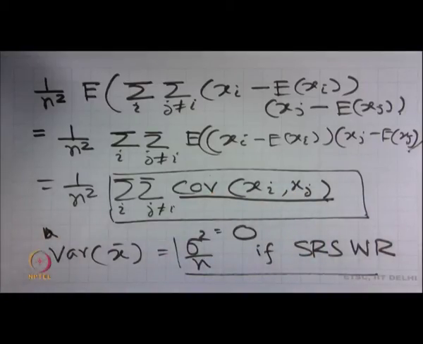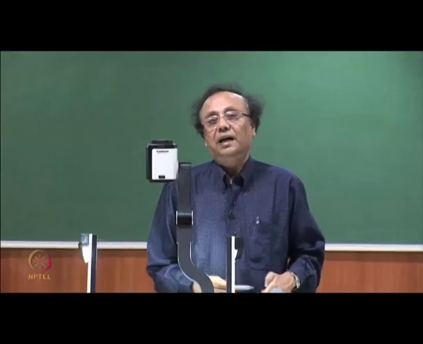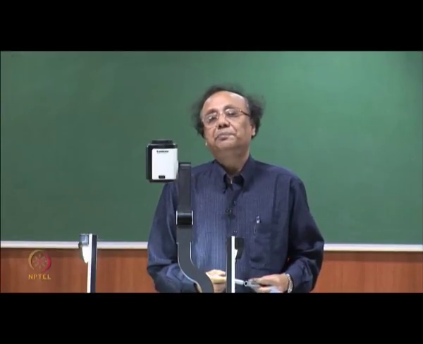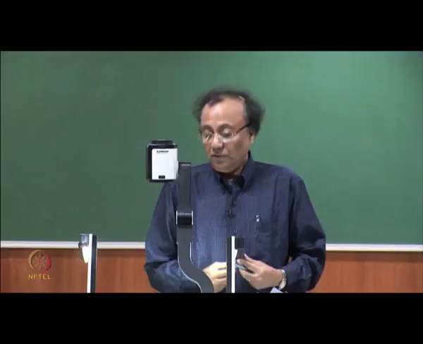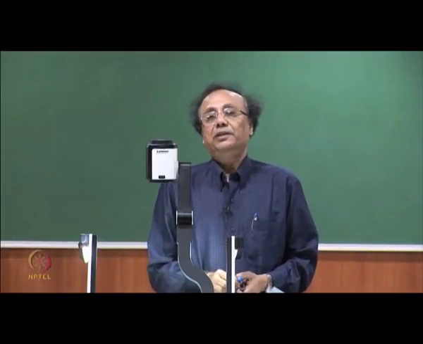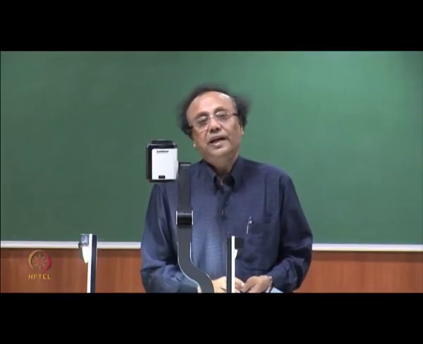Therefore, the variance of x bar will not be sigma square by n, rather it has to be adjusted by a quantity. In the next class, I will start with this point and then I will go further with sampling distribution. Thank you so much.